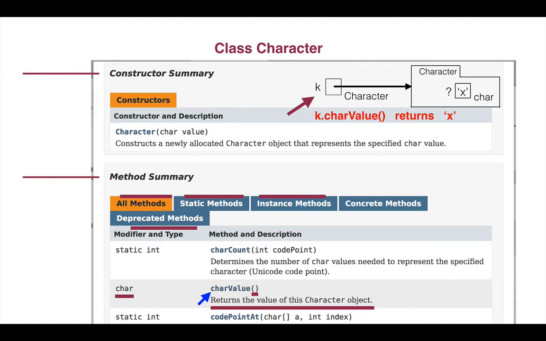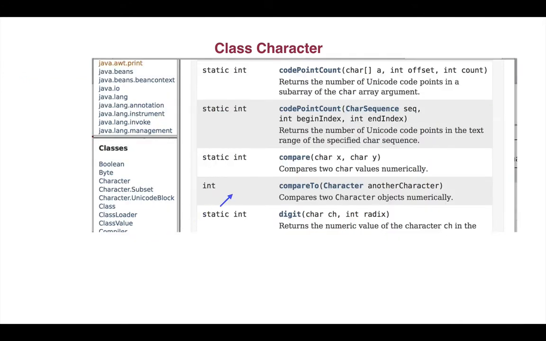Suppose we're interested in comparing two characters, and we scroll down and find method compare. We note that it is static so that we could compare two values using, say, Character.compare(c, d). But this specification doesn't tell us what integer is returned.